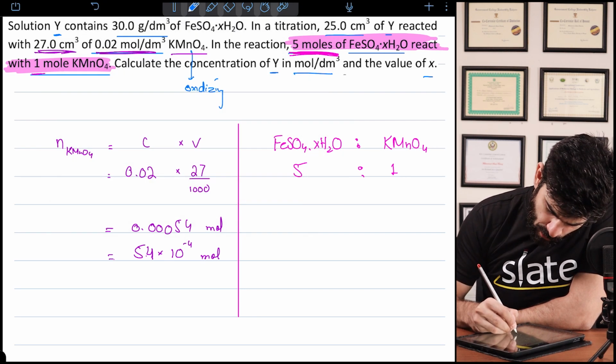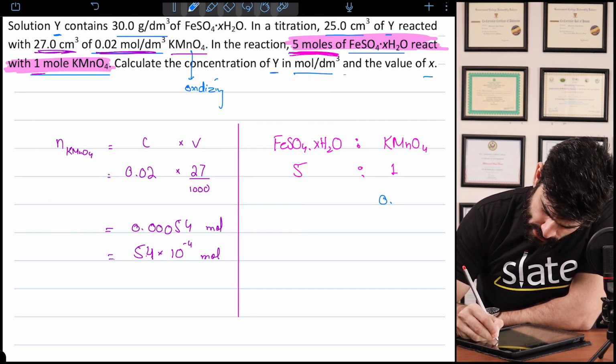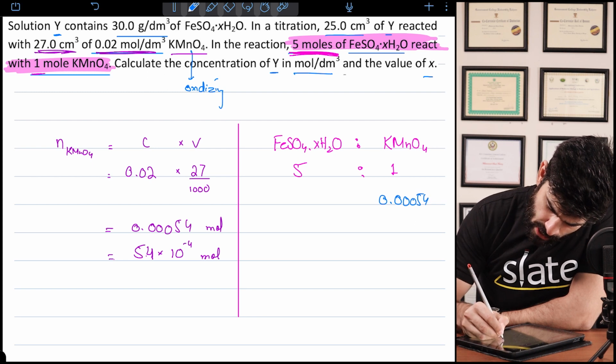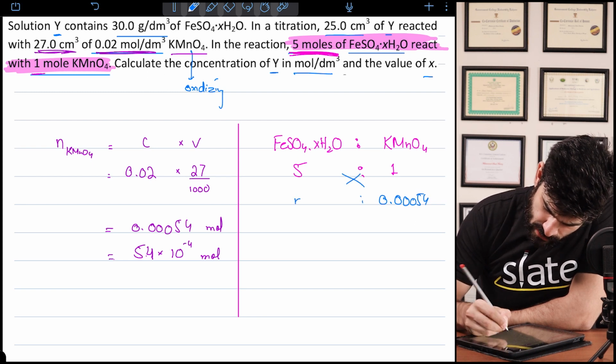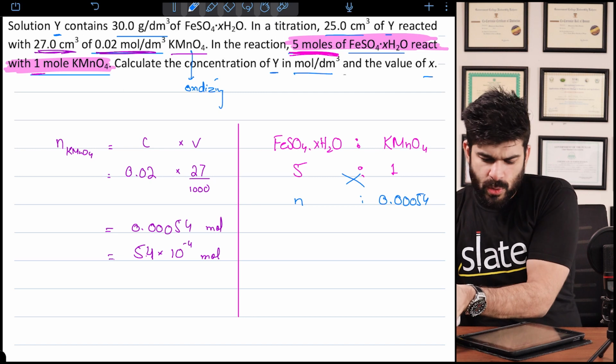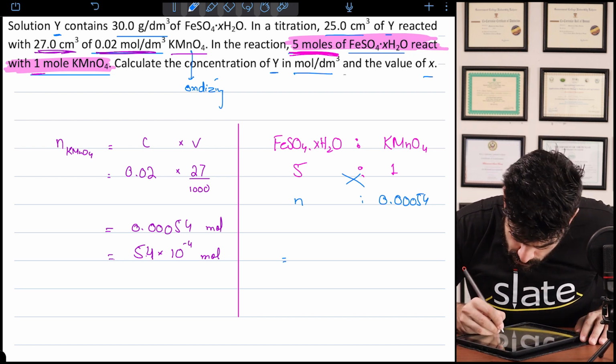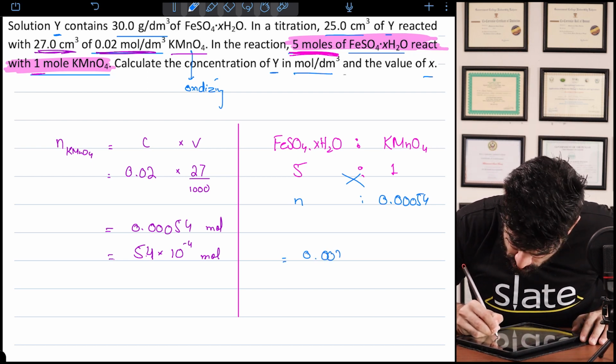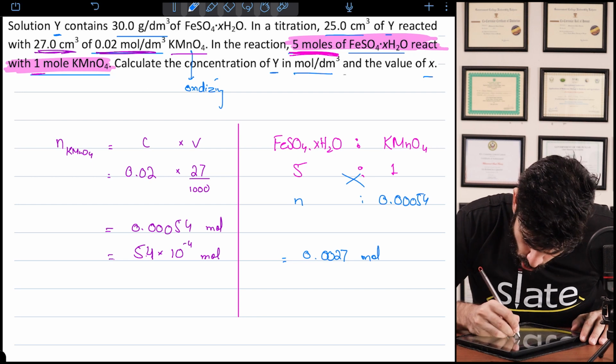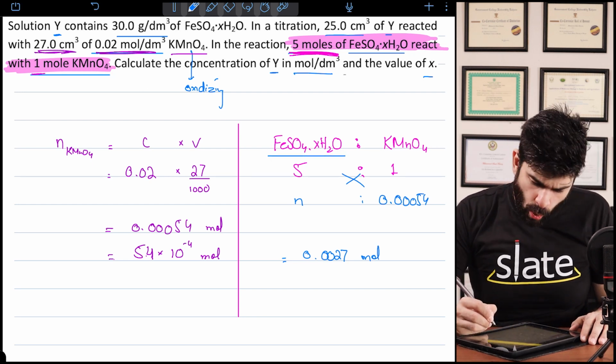We have the moles of KMnO4 from here, 0.00054. We do the cross multiplication and we just multiply this value with 5. And that would be 0.0027 moles of iron sulfate xH2O.